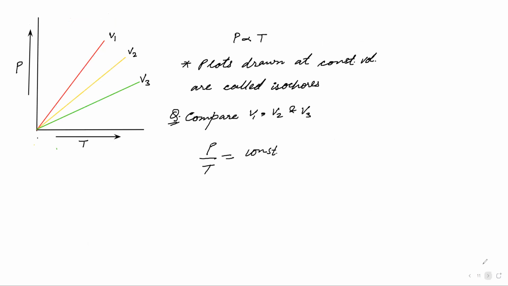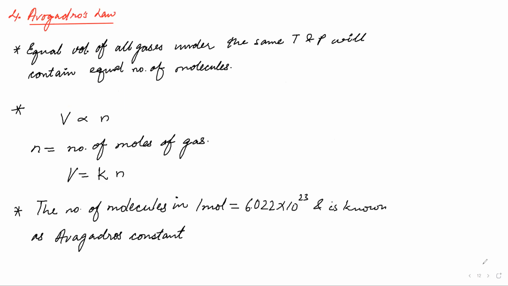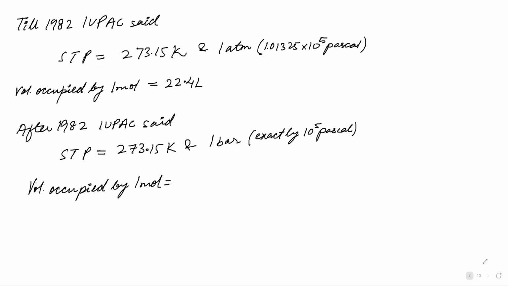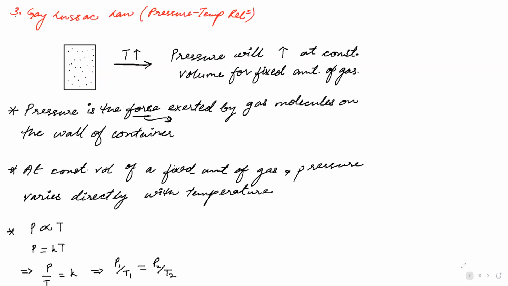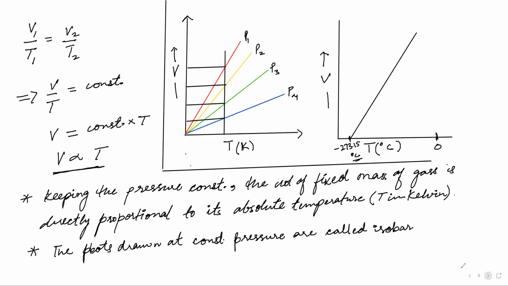So what can you say here? This P by T is a constant, and T by P is also a constant.